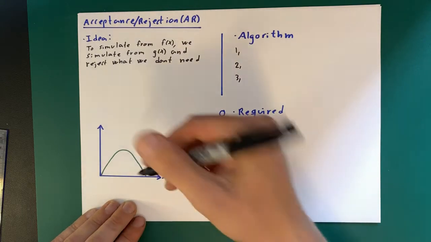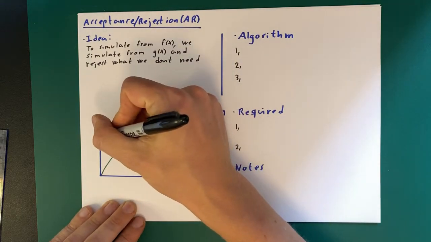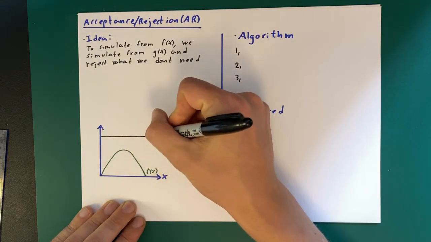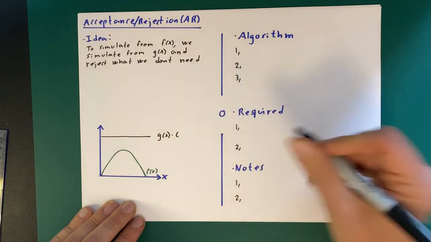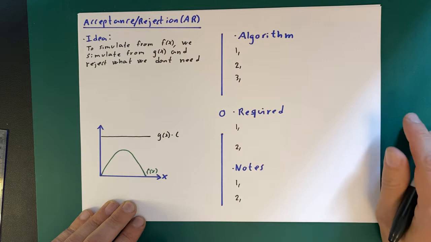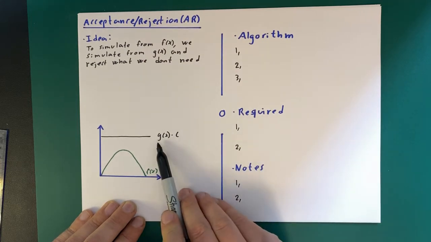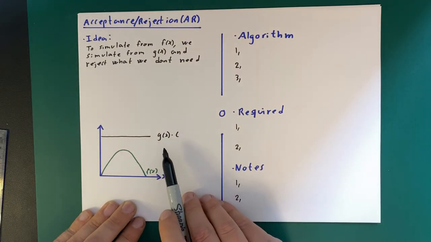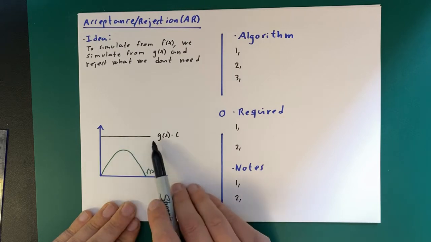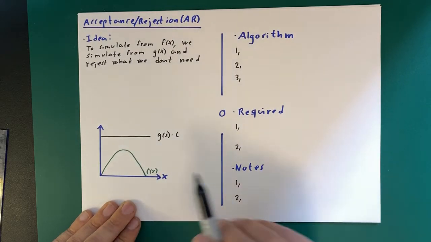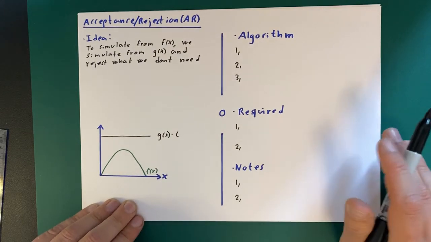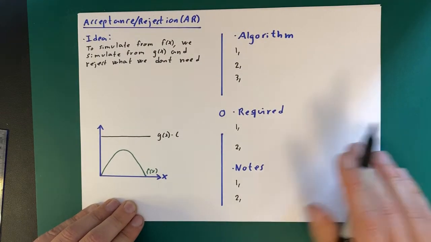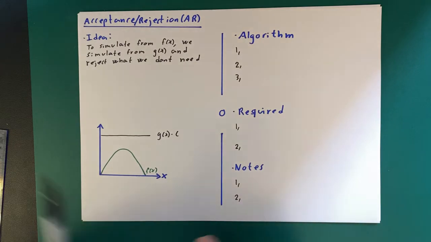Then instead we'll take another distribution, g of x here, and it actually has to be multiplied by a constant c, but for now we'll just forget that. In this case, the distribution I'm simulating from is clearly the uniform distribution. It's flat. That's usually not the optimal case, but for now we'll just accept it as is.